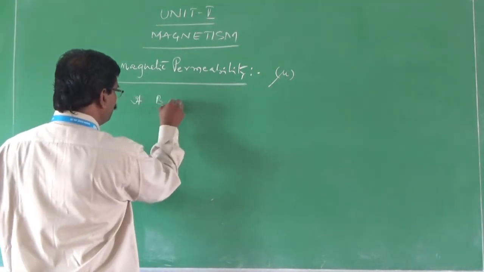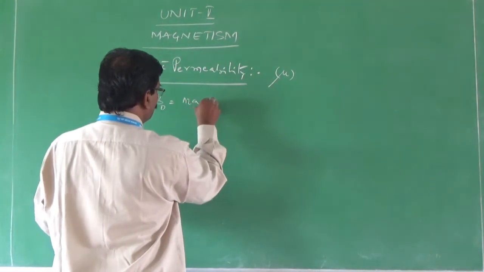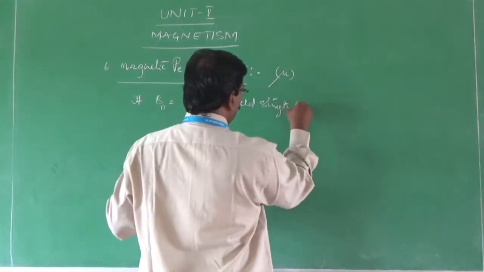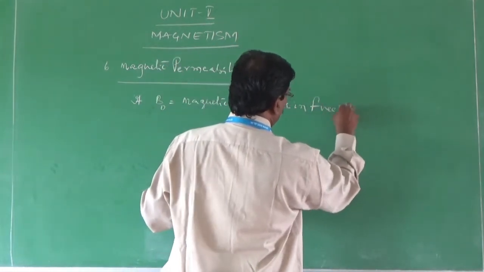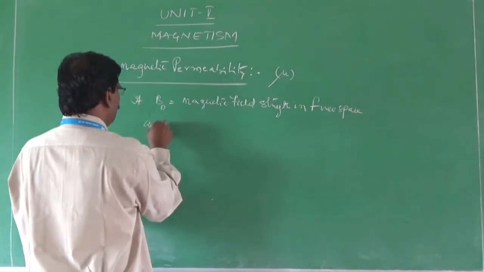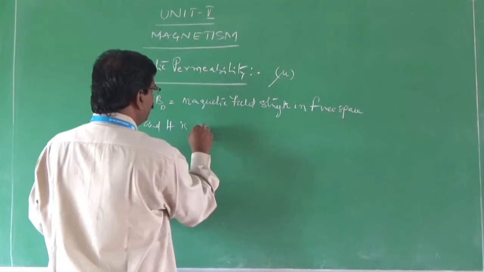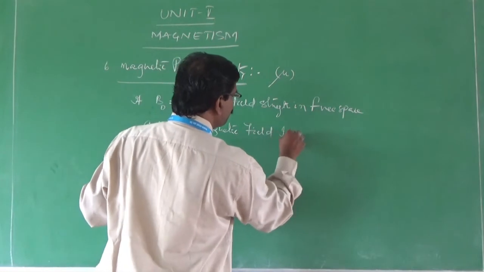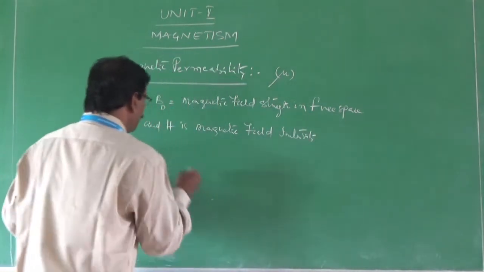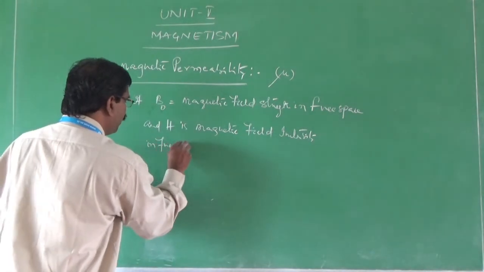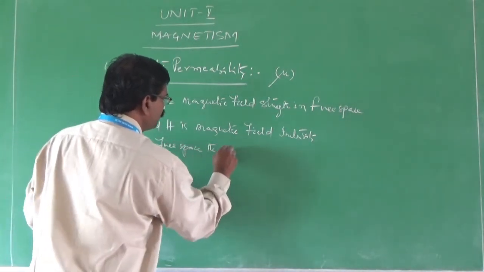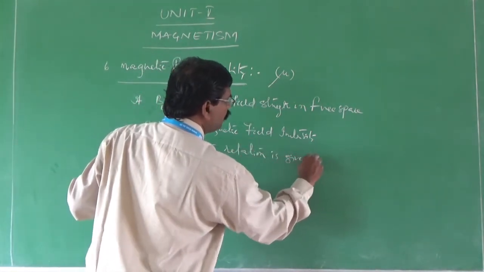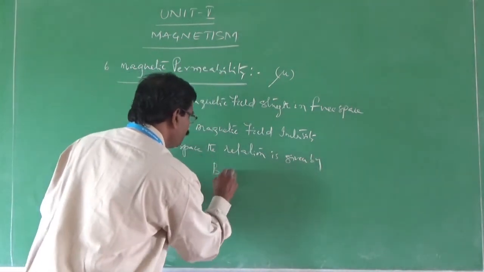If B0 is equal to magnetic flux density in free space and H is magnetic field intensity, then in free space the relation is given by B0 is equal to mu naught H.